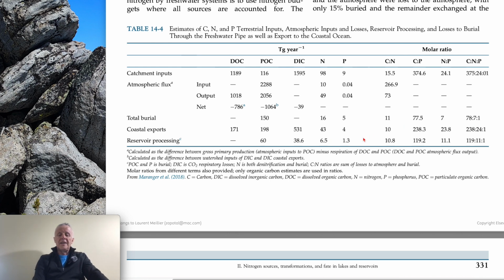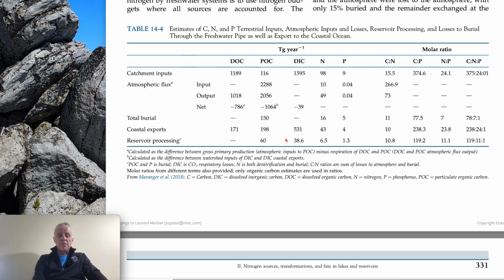Coastal exports. Coastal export mostly is dominated by dissolved inorganic carbon, some particulate organic carbon, as well as dissolved organic carbon. And let's see, we have carbon to phosphorus once again, a very strong discrepancy between the two.